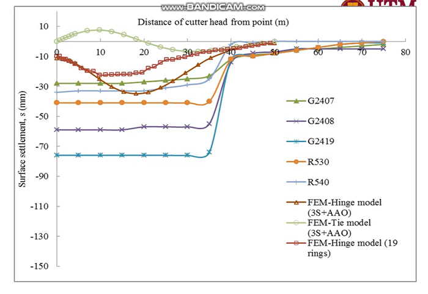In the longitudinal settlement, you can see that this orange one is the hinge model with all at once modeling. This is with the 19 rings standalone. This is the tie model of the segment joints. The existing data is from settlement markers and also fiber optics.